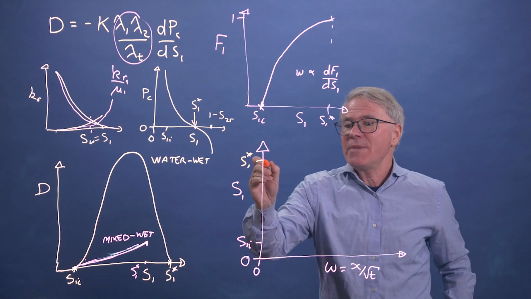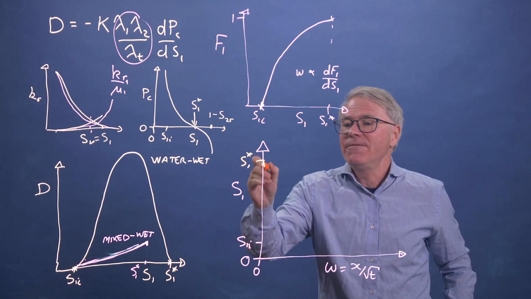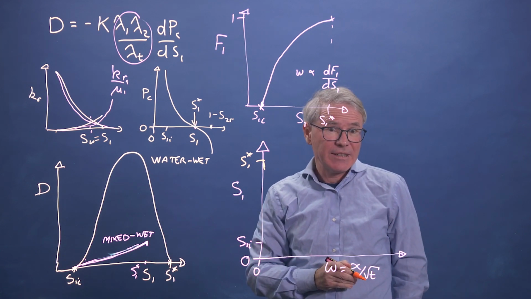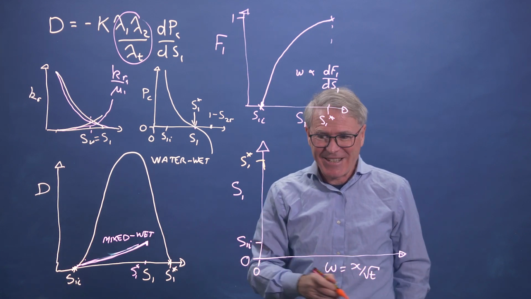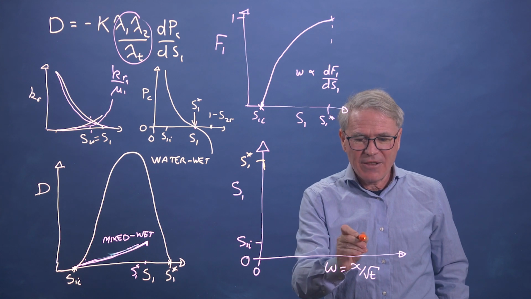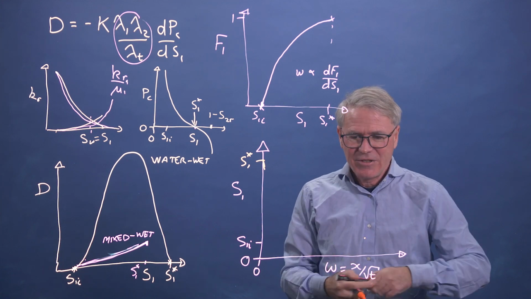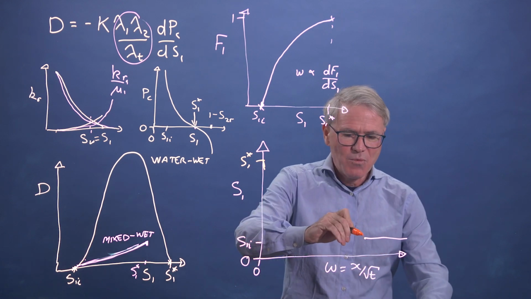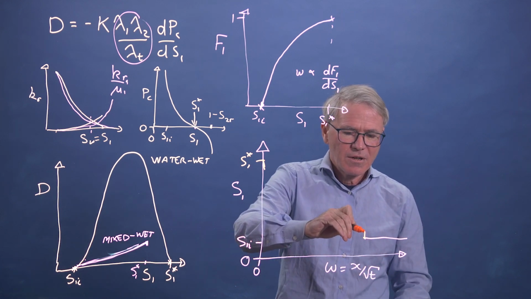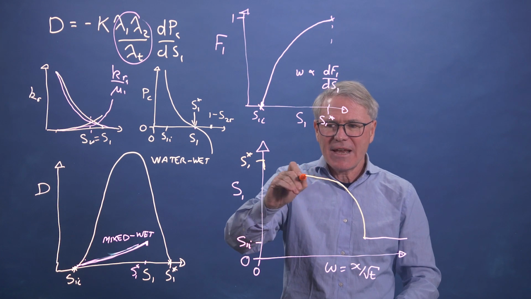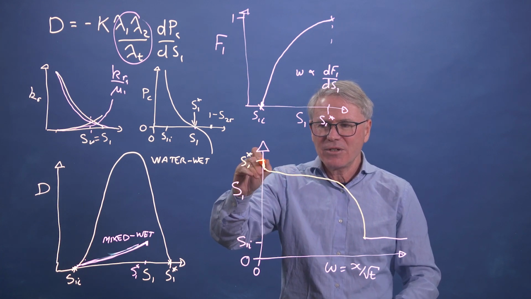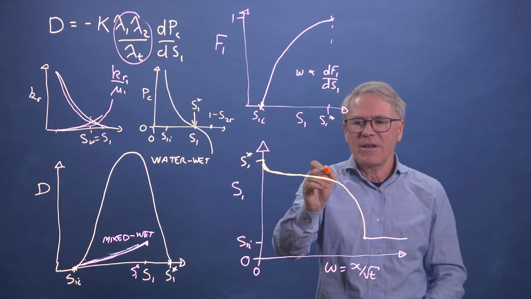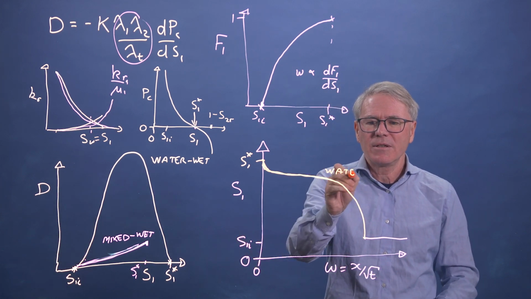So without going through the mathematics, what this means is there's an infinite gradient here. dS by d omega is infinite. d omega by dS is 0. And it's true actually at the nose here. So what we see is a sort of imbibing water front like that, smeared out at intermediate saturation, and then again a sharp end. So we see something that looks like this. So this is the water wet case.